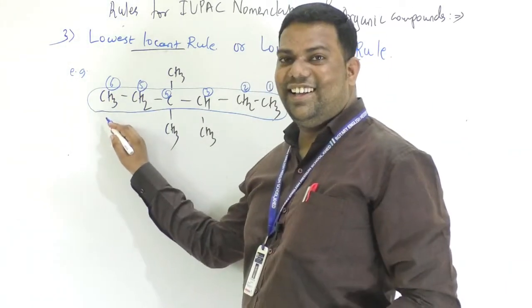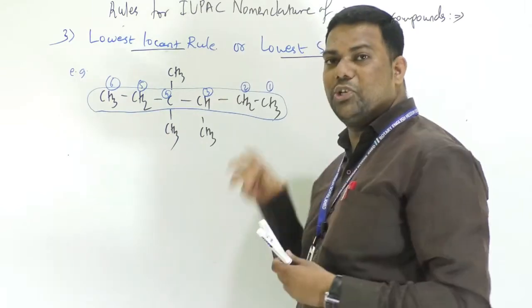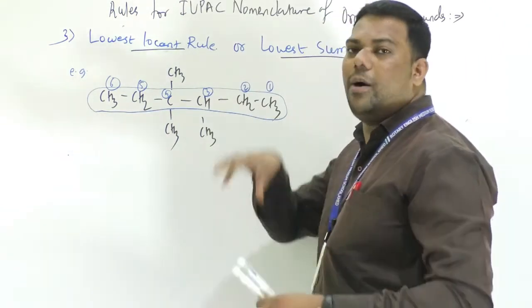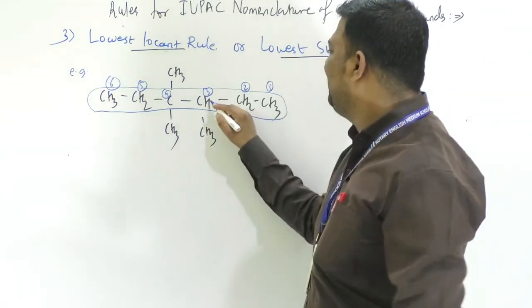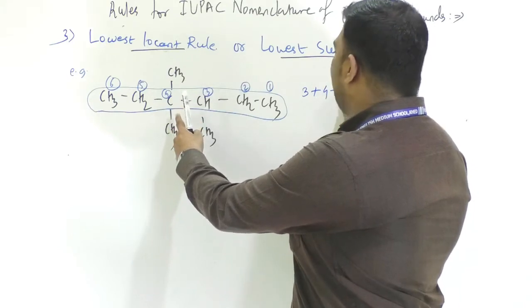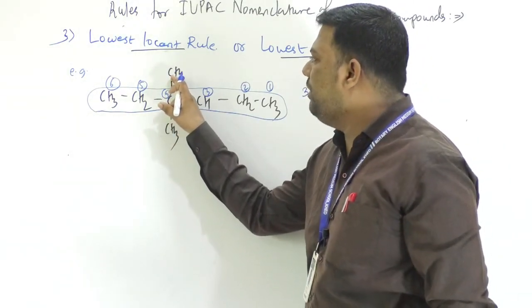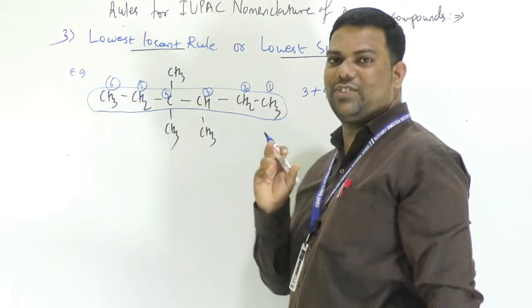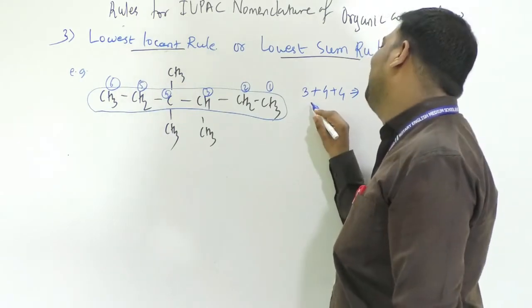If you start numbering from this side, what will be the sum of the positions of the substituents? 3 plus 4 plus 4. Why 4 plus 4? Because at C4 there is a methyl group and here also a methyl group. So the total is 11.